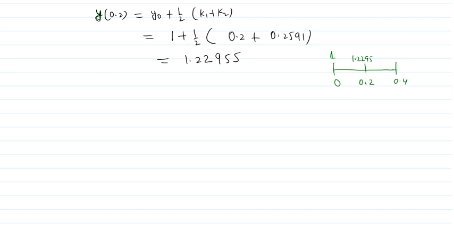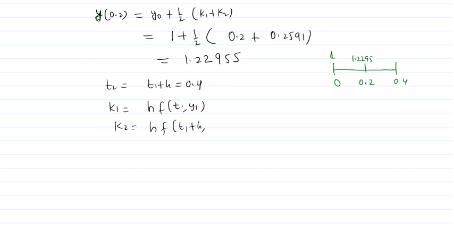So I'm just writing steps. So t2 will be t1 plus h, this is 0.4. Then again you calculate k1 and k2 at (t1, y1). And this will be t1 plus h, or you can write t2, and y1 plus k1. So the solution at 0.4 is denoted by y2, so this is y0, this is y1, and this will be y2.